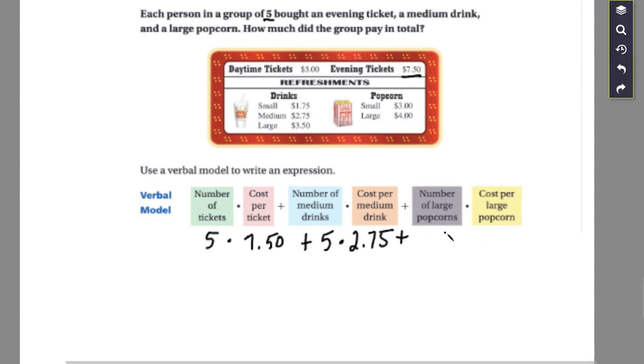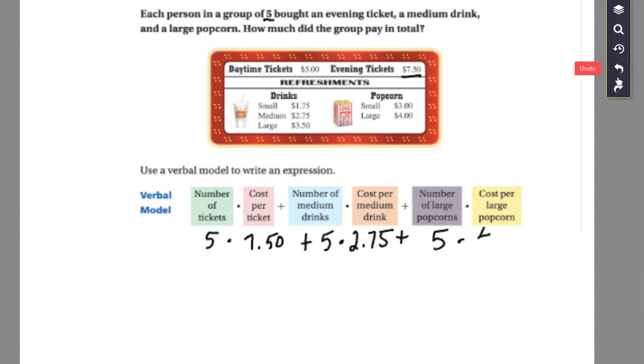What is the cost of a large popcorn? A large popcorn is $4. All right, so if we multiply that together, I'm going to redo that whole bit right there.